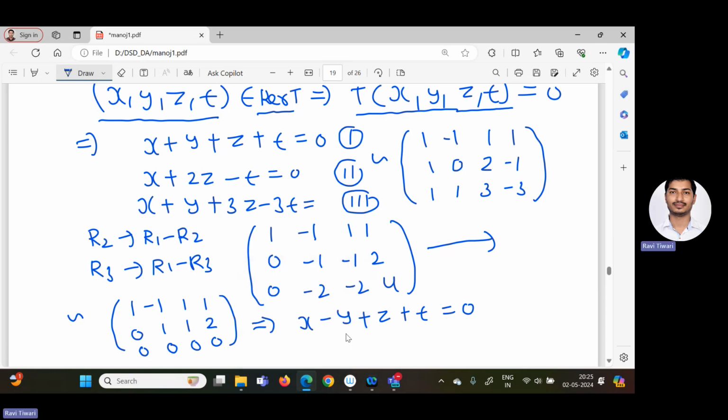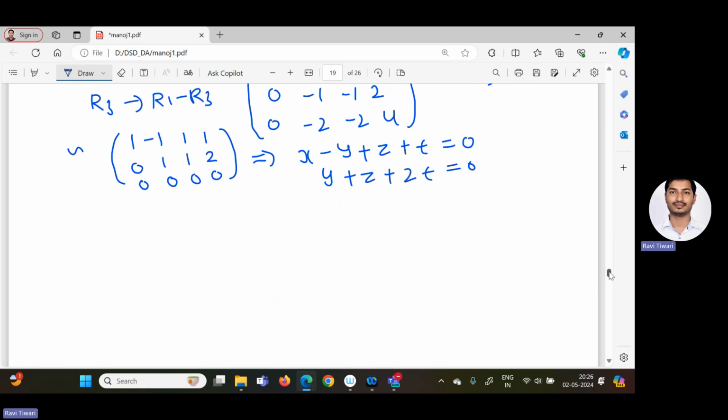Second equation we can write y plus z plus 2t is equal to 0. And the third equation we get 0 equal to 0, because we are not going to get anything. So we are getting two linear equations.